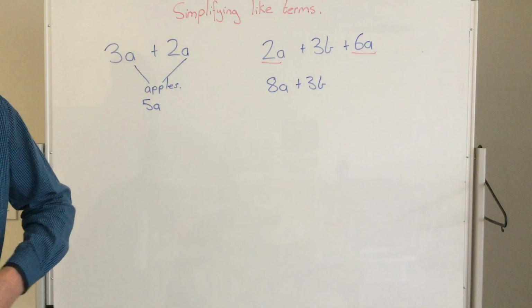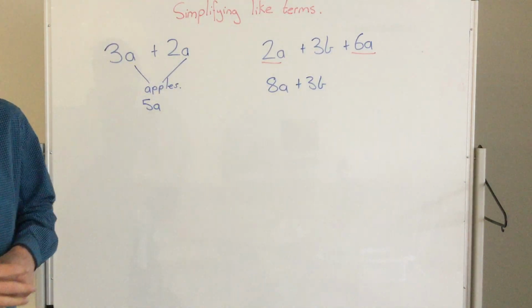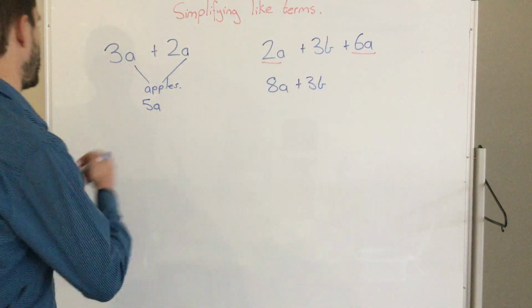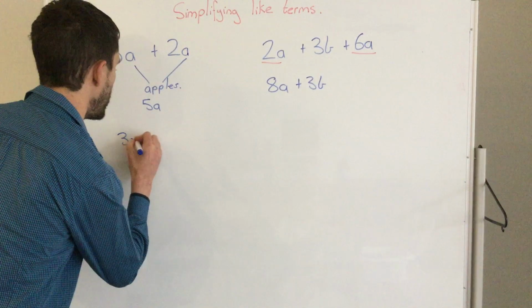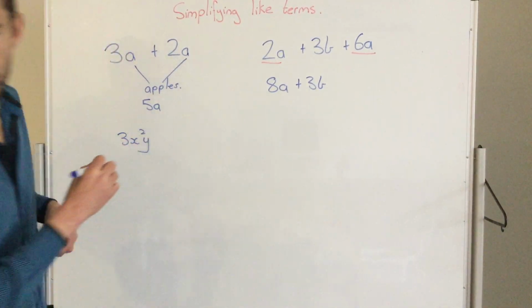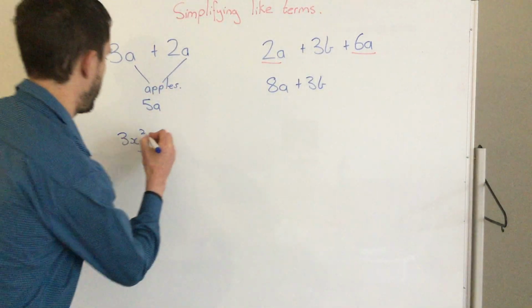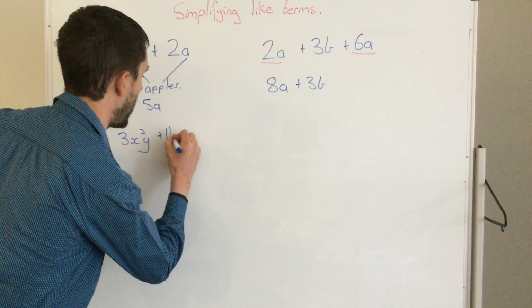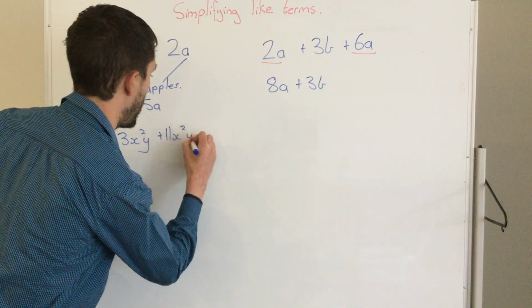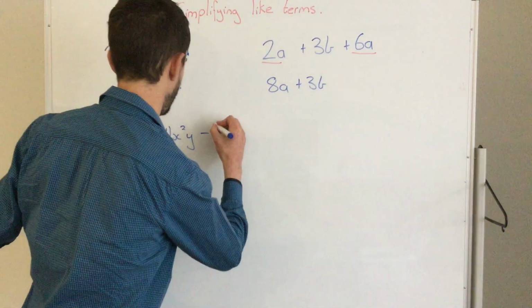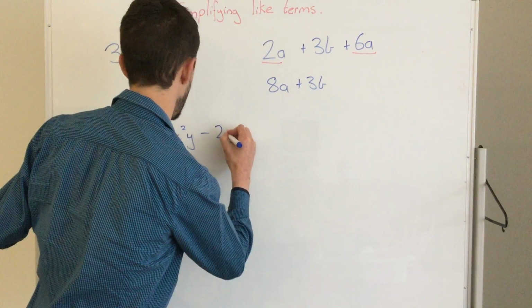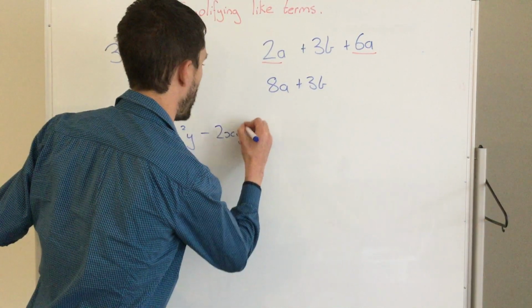Now, if I put this example up on the board, 3x squared y plus 11x squared y, take 2xy squared.